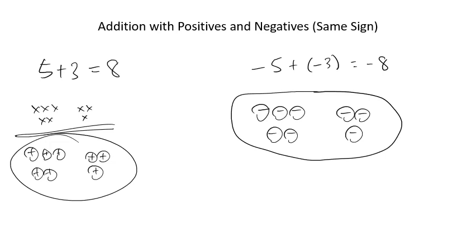I don't need to do anything funny with the signs. I don't need to make this into -5 minus +3. I don't need to change anything around. All I need to do is recognize that I got 5 negatives and I got 3 negatives. I'm going to combine them together. And what do I have? I have 8 negatives. That's the whole story. So if I understand what addition means as the combination of sets, this problem solves pretty directly.